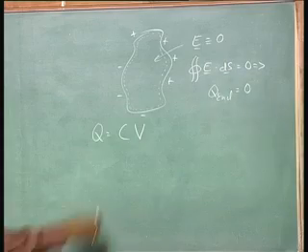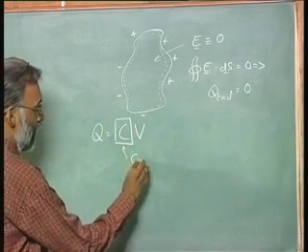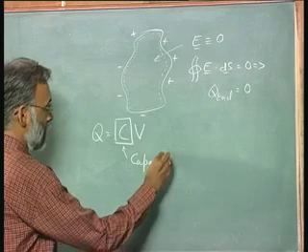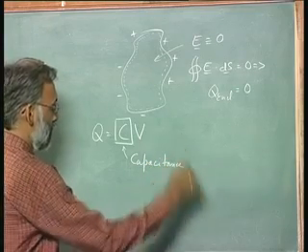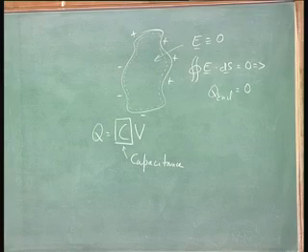This quantity C, which we call capacitance, is the thing that we are used to. This is what we see in circuit theory.